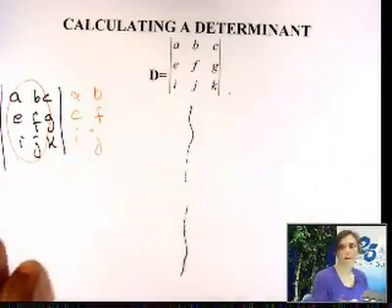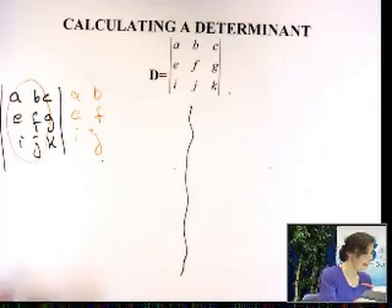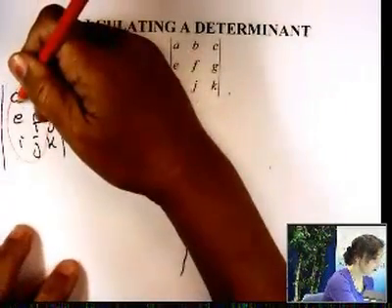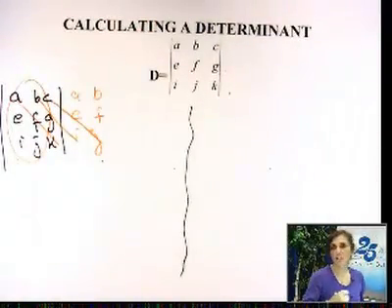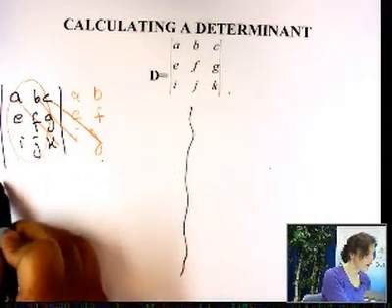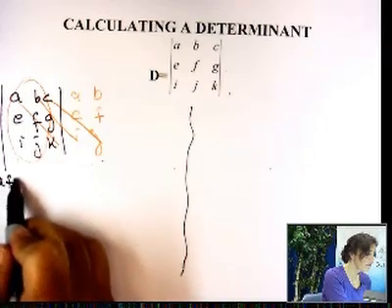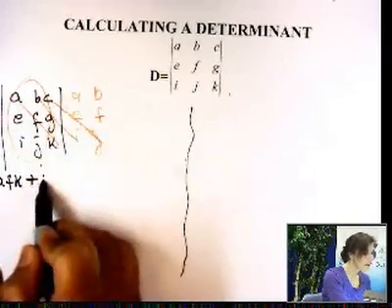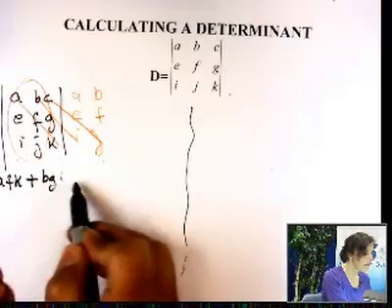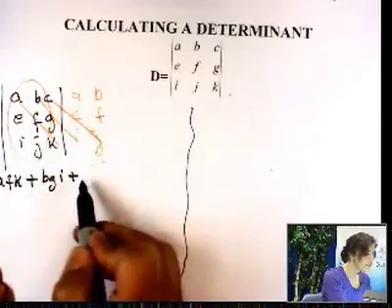This is the shortcut. Okay? Then I write this, this is procedural. I multiply those 3 things each time and write it down. AFK plus, I add them up this way, BGI plus CEJ.